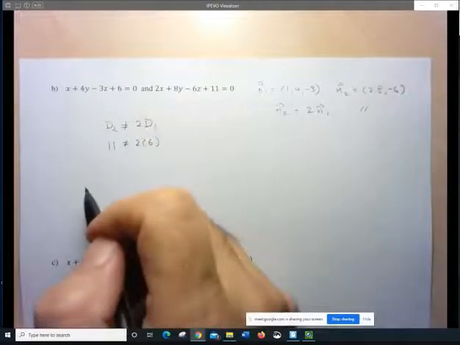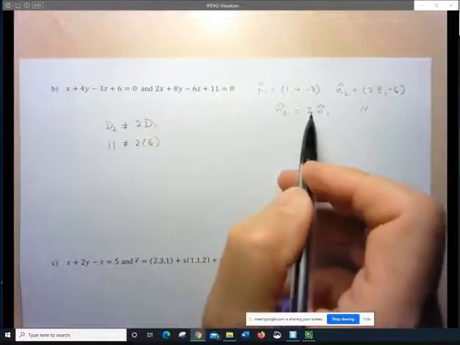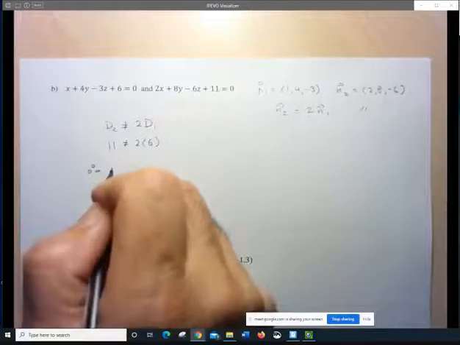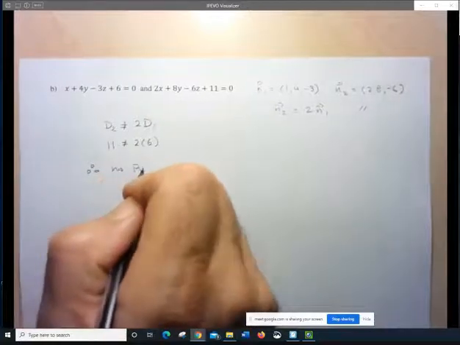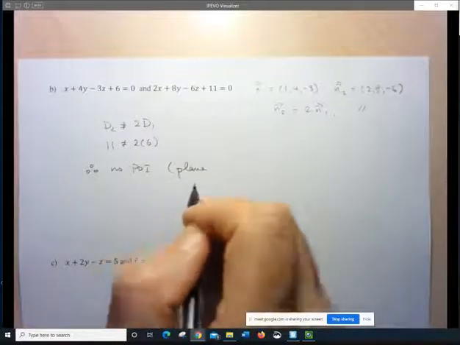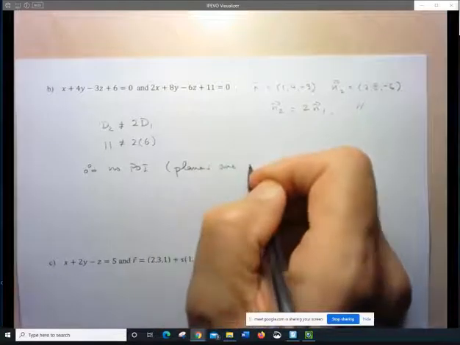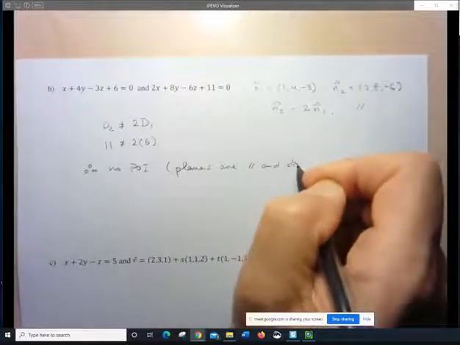Okay, so since the d values are not offset by the same scalar multiple, there you go, no points of intersection. And if I want to give a geometric explanation here, the planes are parallel and distinct.